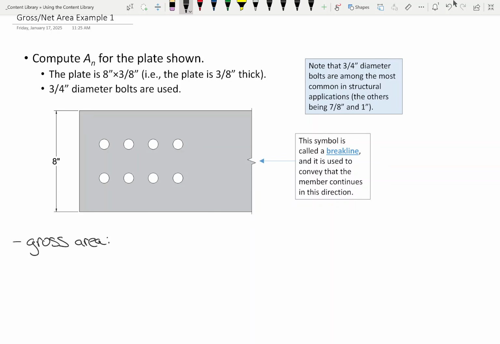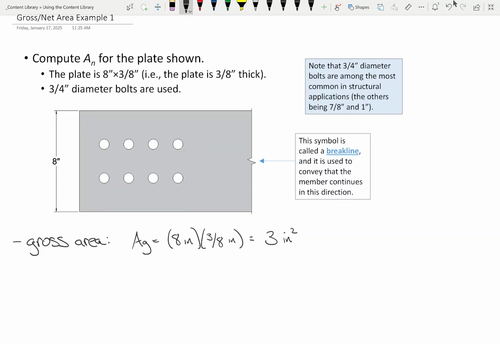So we'll say that the gross area, and I think I can do that one in my head because 8 times 3/8, the 8's cancel, and that's going to leave me with a 3. All right. So far, so good?